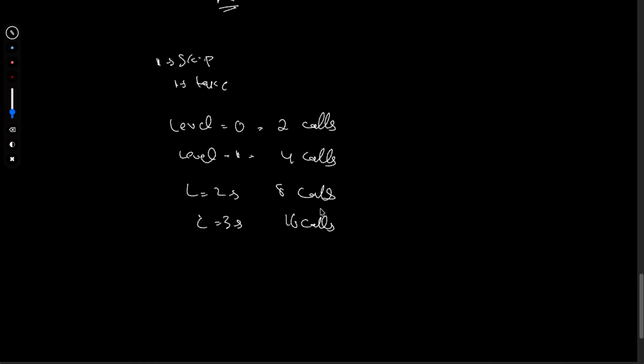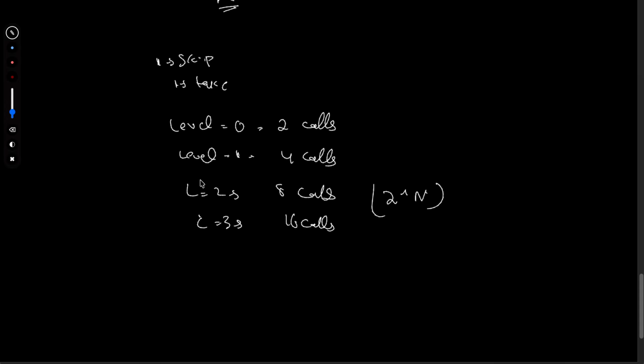If the total number of strings is n, the total recursive calls are 2 to the power n. So the time complexity is 2 to the power n, because every string creates two branches.